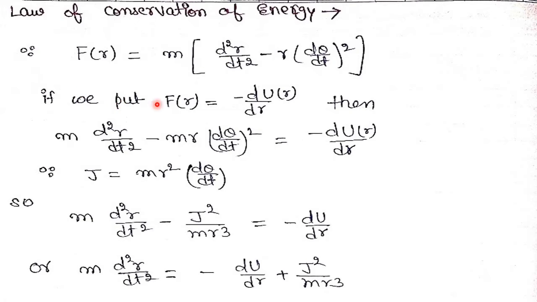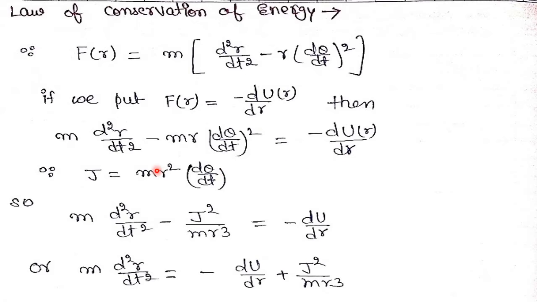If we put Fr equals minus du/dr, here we write only u because u is a function of r, so this equation becomes m d2r/dt2 minus m r (d theta/dt) whole square equals minus du/dr.